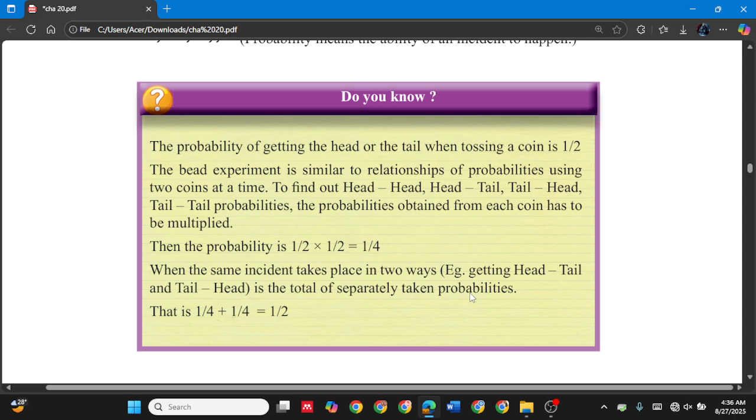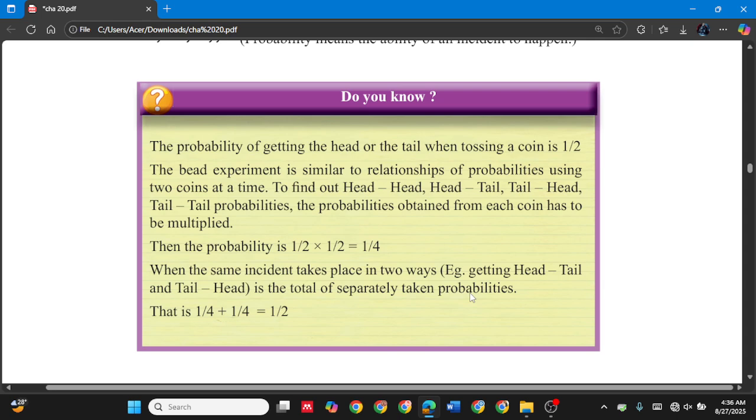The bead experiment is similar, showing relationships of probabilities using two coins at a time. To find the probabilities of head-head, head-tail, tail-head and tail-tail, the probabilities obtained from each coin have to be multiplied.